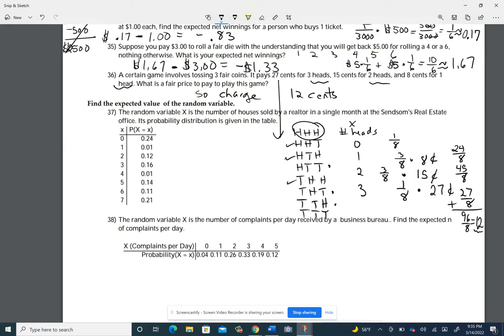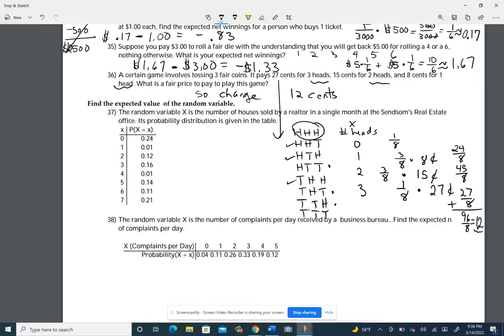These already have the probability distribution table, so that saves you a little bit of time. X is the number of houses sold by a realtor in a single month at this real estate office. So 2 houses, the probability he'd do that would be 12%. Probability he'd sell 5 houses would be 14%, and so on.